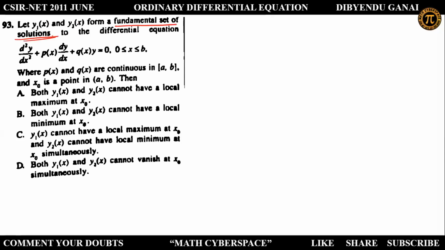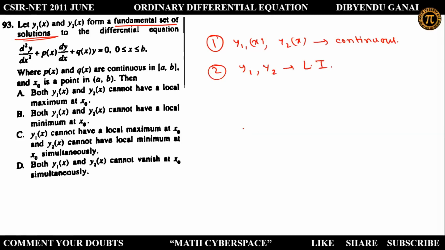Now there are some basic properties of a fundamental set of solutions. What are those? Number 1, y1(x), y2(x) are continuous. Number 2, y1(x) and y2(x) are linearly independent, and when they are linearly independent, that means the Wronskian of y1, y2 must be non-zero, right?